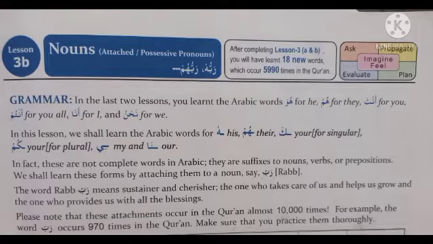Hum or him means their, plural of third person. Now talking about the second person, the singular is ka, your, and the plural is kum, your, relating to all of you. In the first person, singular will be yi, my, and na, plural, our.